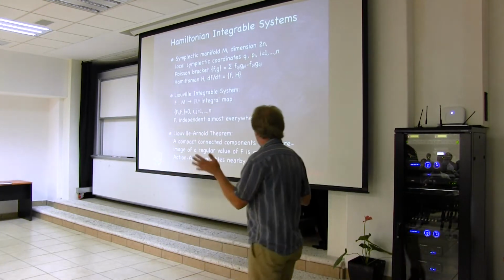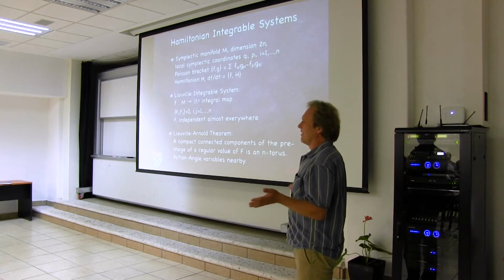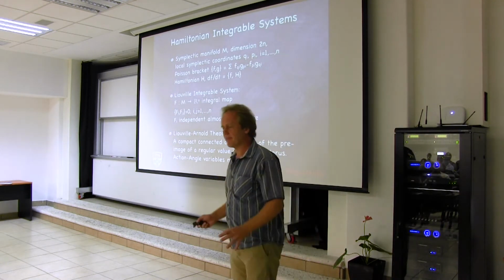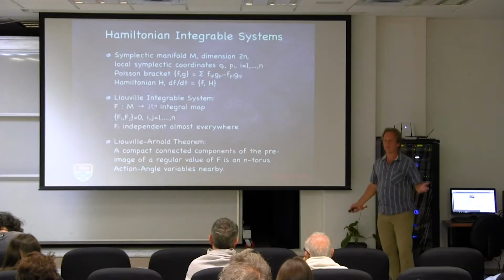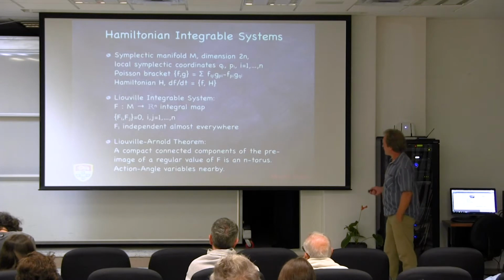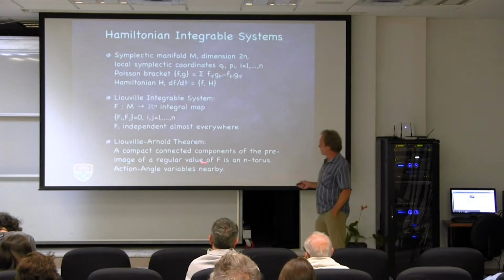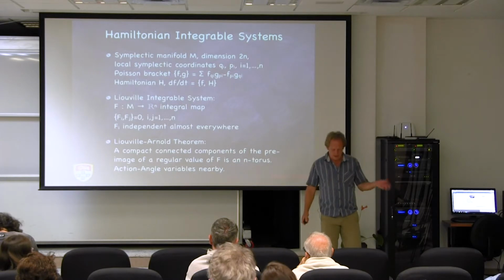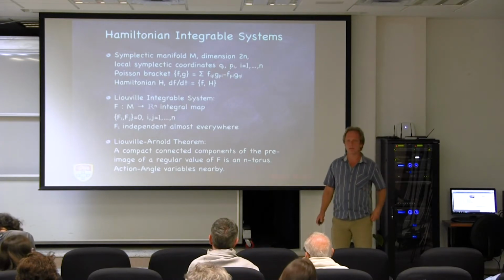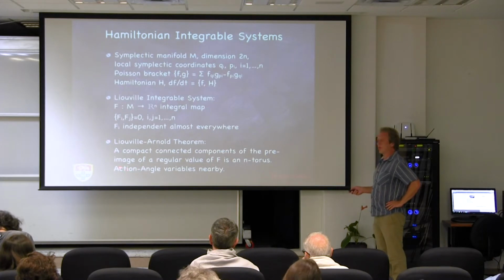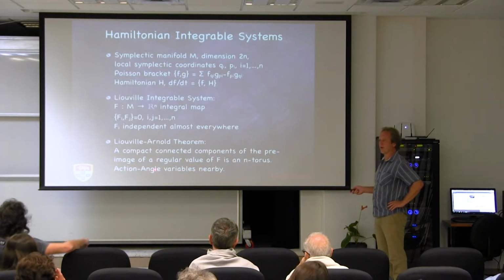In the simplest case, maybe everything is compact and there's only one connected component, then it's just saying the preimage of a regular value is a torus. And not only that, in the neighborhood of that torus, you can introduce special canonical variables called action-angle variables, so that half of the variables are constant and the other half parameterize the torus.